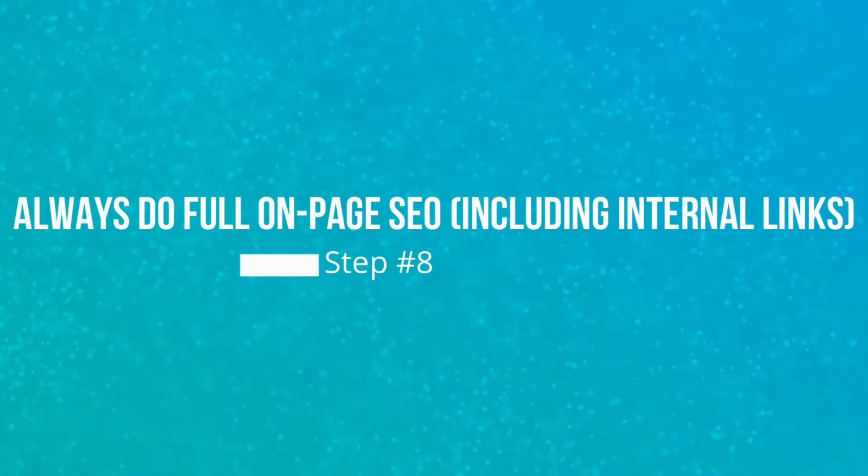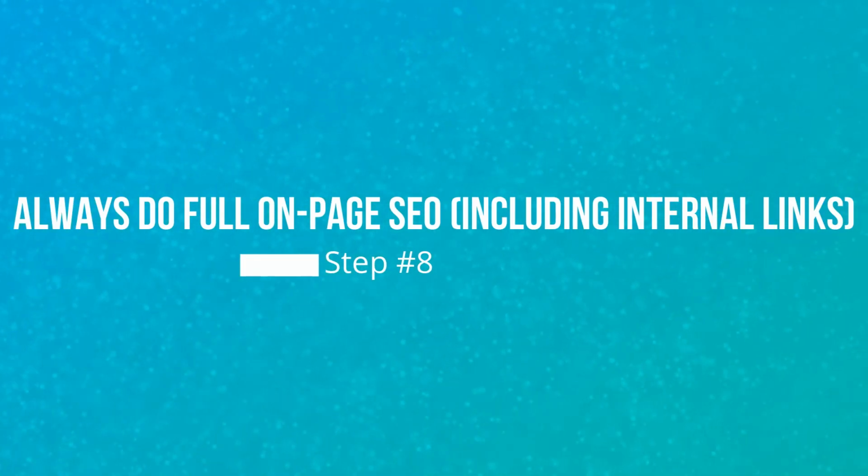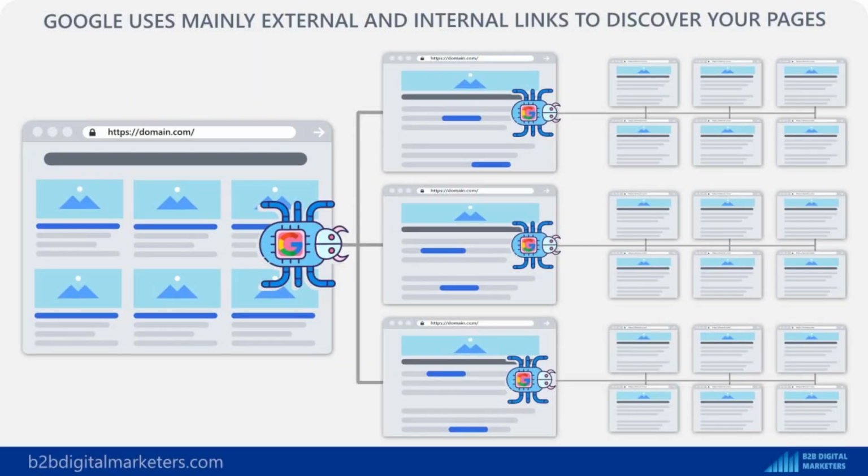Alright, marketing superstars, we are on to step number 8. Always do on-page SEO, including internal links. Now, this is about making it easy for search engines to crawl and index your website and find all the pages.